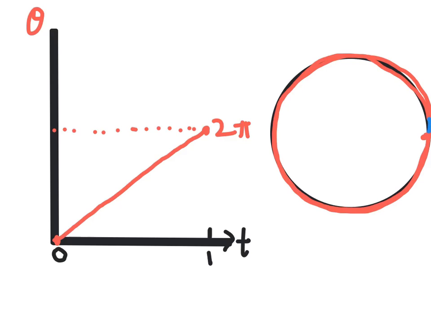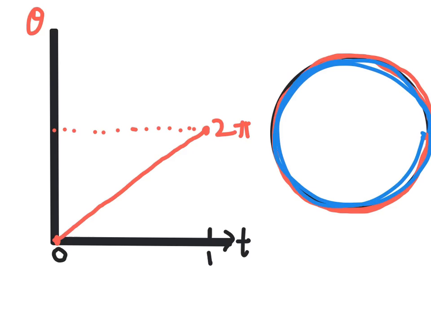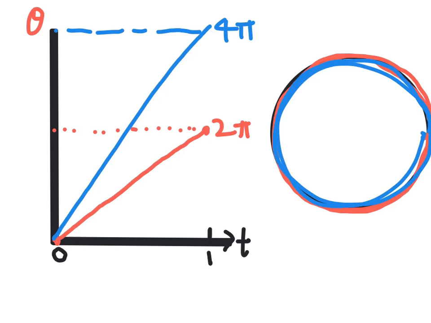If we had been the loop that went around twice, this graph would have looked slightly different. It would have instead gone all the way to angle 4 pi. It would have had to go twice as fast, and the graph would look something like this. It's supposed to be 4 pi, sorry.